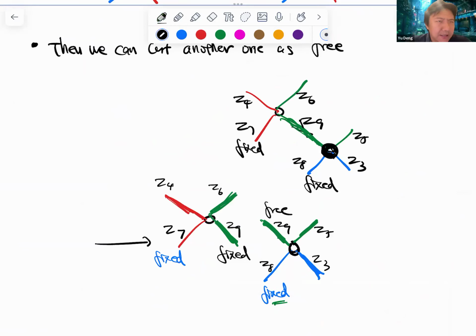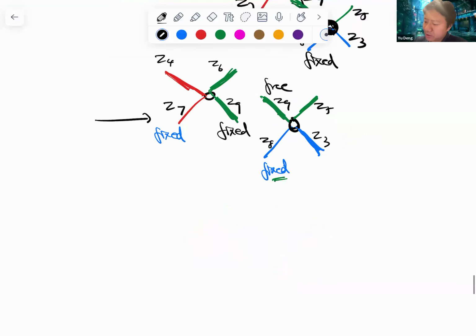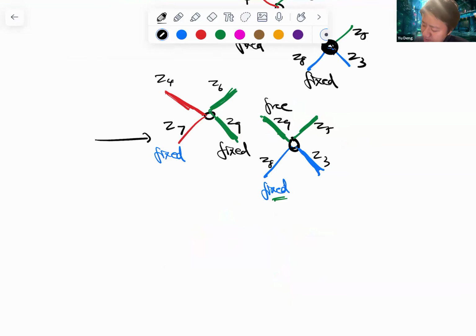Okay, so this is the cutting sequence, the definition of cutting, and how this exactly corresponds to the manipulation of the integral. Let me summarize a little bit.